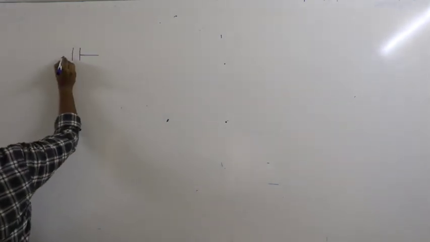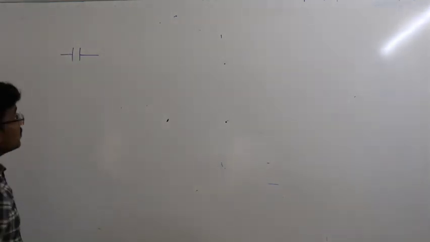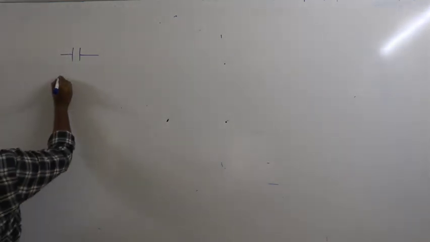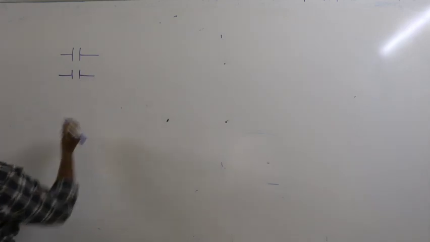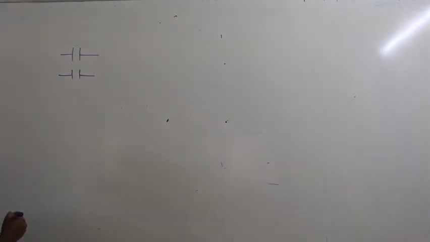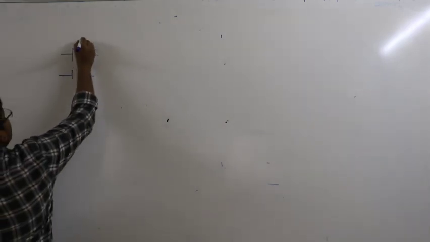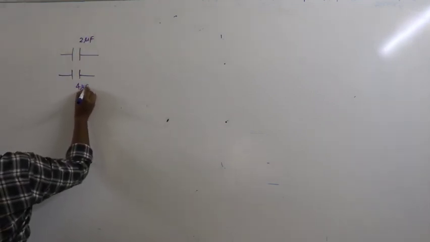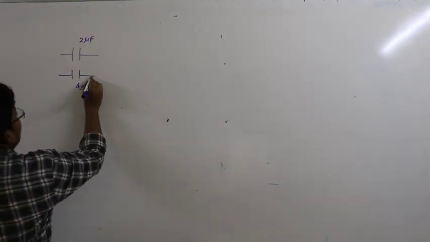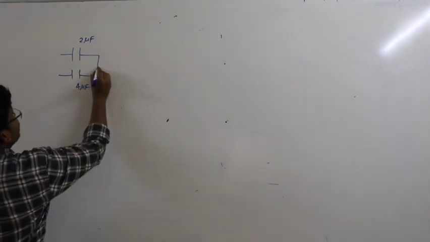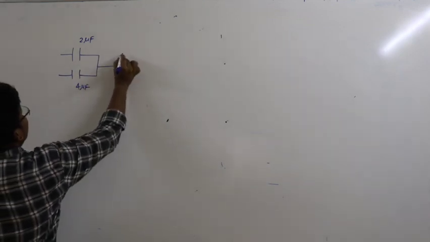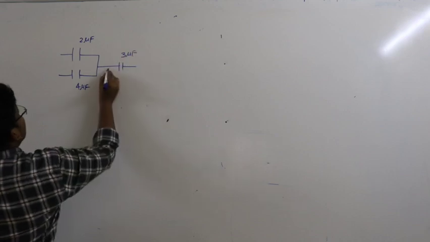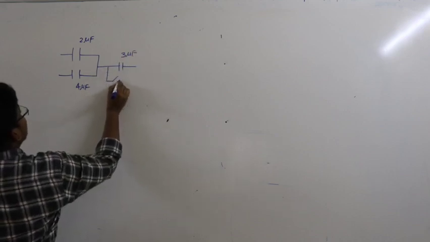There are two capacitors kept in parallel. This is 2 microfarad and this is 4 microfarad, and now they are connected to one more capacitor of 3 microfarad through a switch.